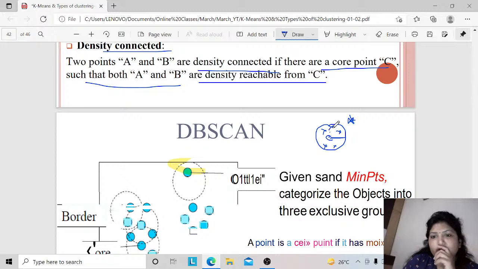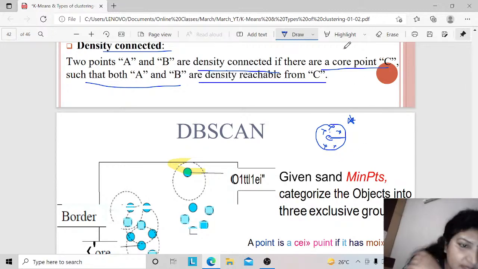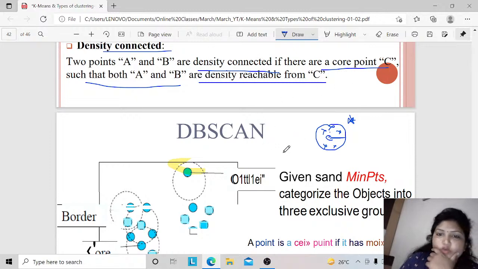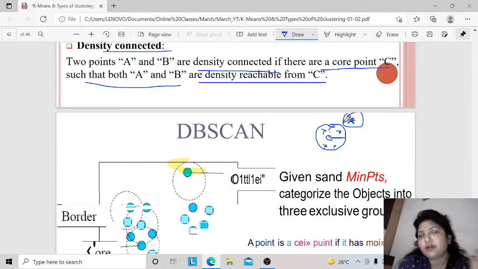So you find out the distance between the epsilon and the other points, and then you find out whether the point is a core point, a neighboring point, or a boundary point. But if it is a noisy point, it would be an outlier. The noisy points are basically not within the radius of that particular data point, and they fall outside your boundary, right?